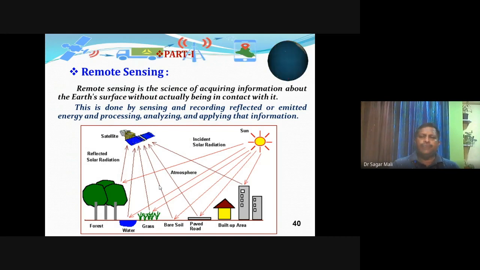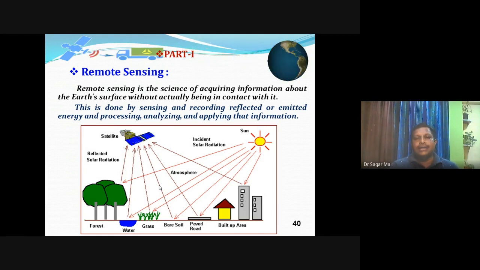So let's start to learn about remote sensing. Remote sensing is a very ancient technology which the first human beings used, and we are still using this technology in our day-to-day life, right from the primitive time to the modern time. Earlier we were using natural remote sensing, in which our eye works as a sensor.